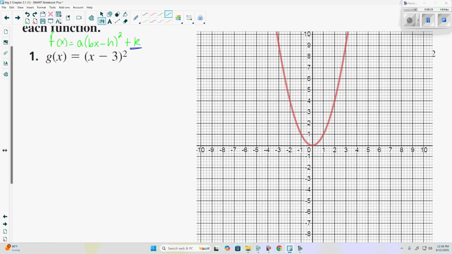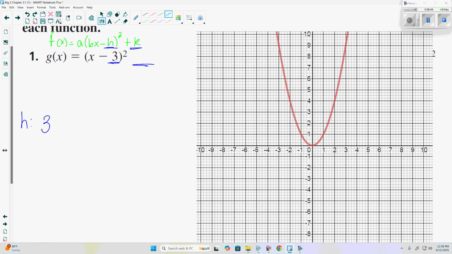But do we have a value for K? Is there anything added to it? No. So K is nonexistent. How about H? There's a number in place of H, yes?